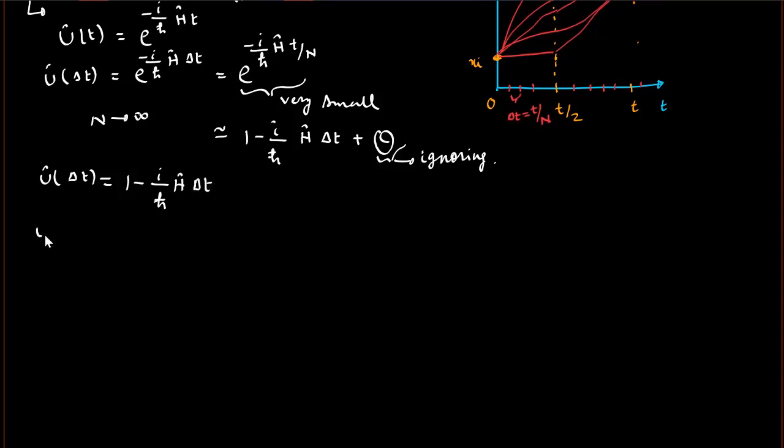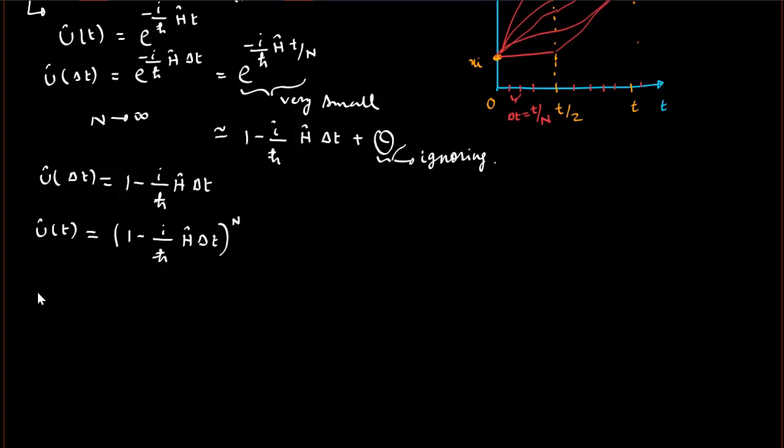So now I can write the evolution operator at time t equal to this U of t for n times. So I can write it as 1 minus i by h cross Hamiltonian delta t for n times, meaning to the power n.